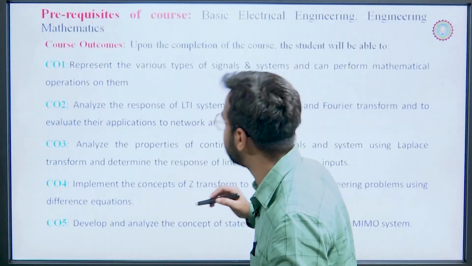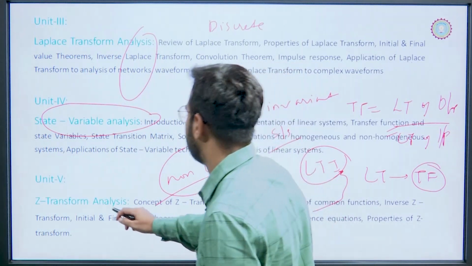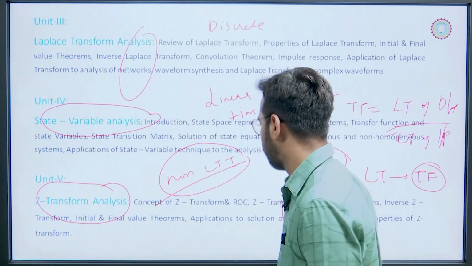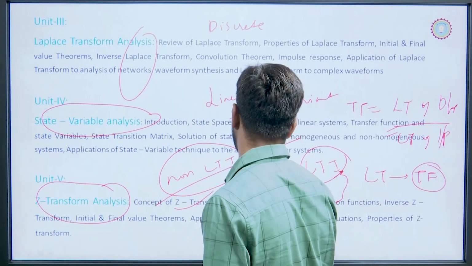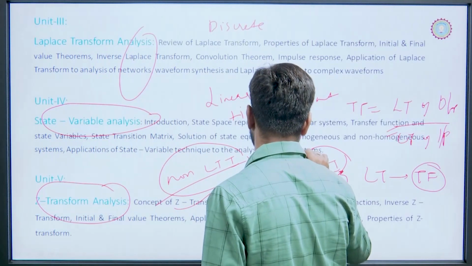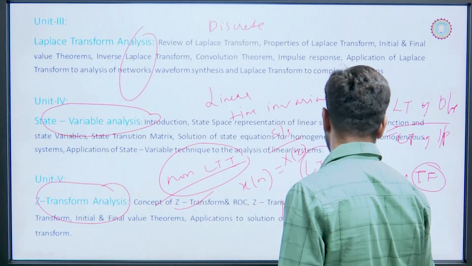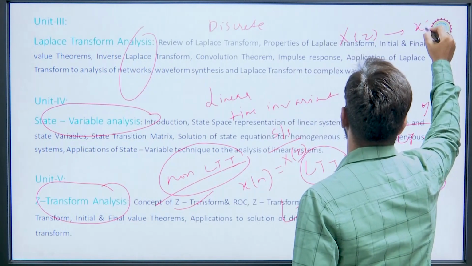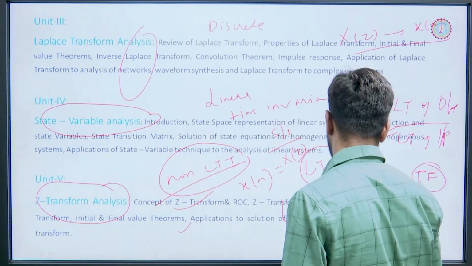For a discrete signal we do Z transform analysis. Similarly, we will have a discrete system for which we find the Z transform, which is in the frequency domain. Then the inverse Z transform is when we convert X of z to x of n. Similar are the initial and final value theorems.